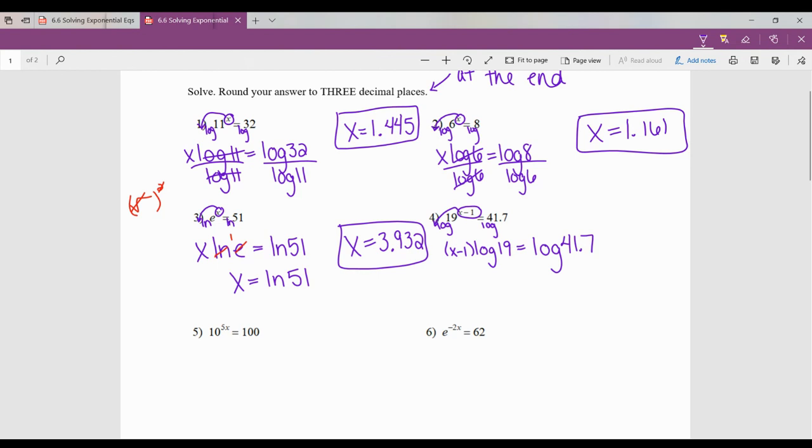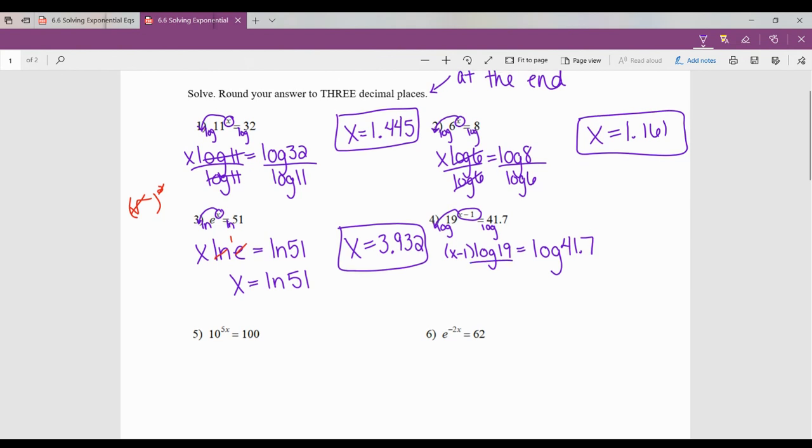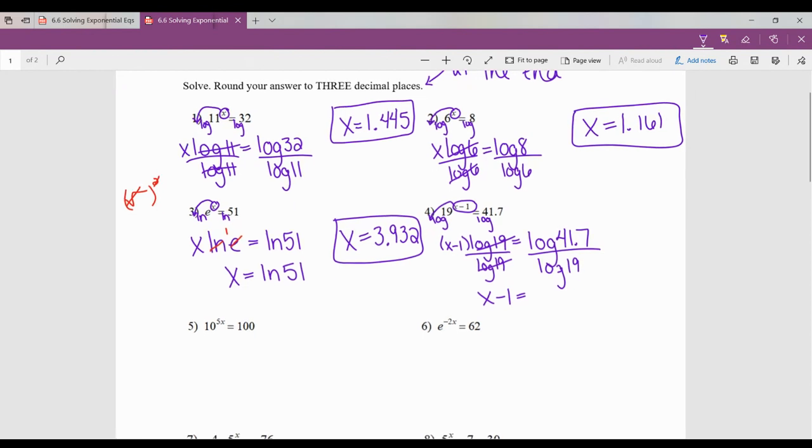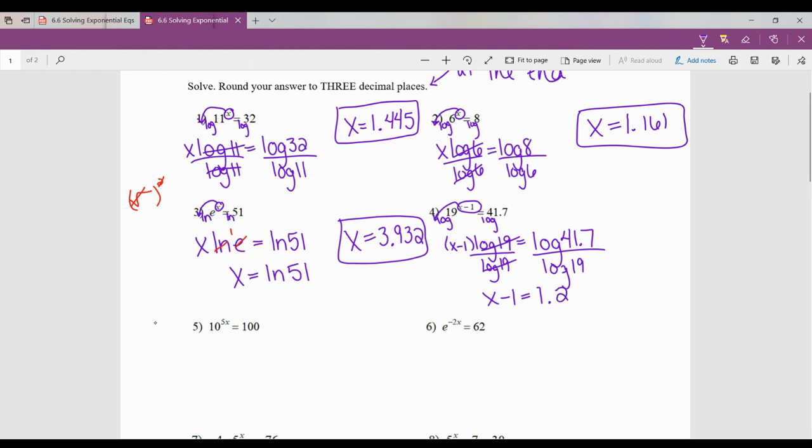All right, and now when I want to solve, I'm going to divide both sides by log of 19, to get rid of that log of 19 that's connected to the x side. So these cancel, and I get x minus 1 equals, now I'm going to type this into my calculator. So log of 41.7, close that parenthesis, divided by log of 19, close that parenthesis, and I get 1.26696.